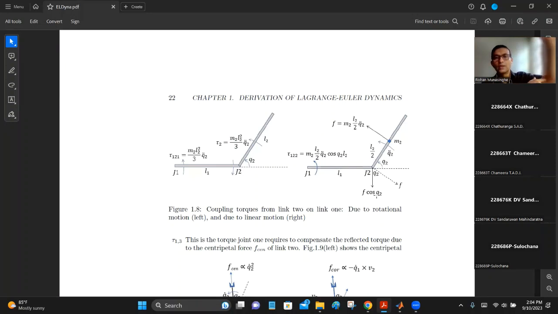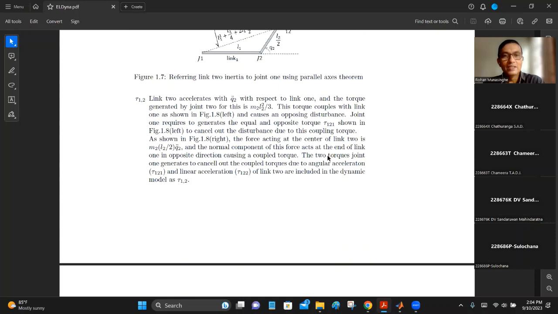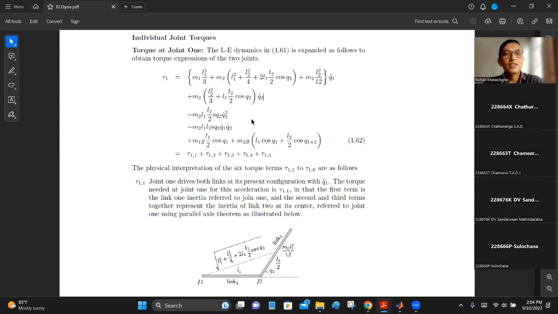So that is L1 times M2 L2 by 2 cos Q2 times Q2 double dot, right? So that is this term over here. All right. Can you see that?